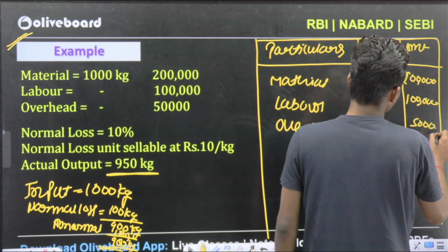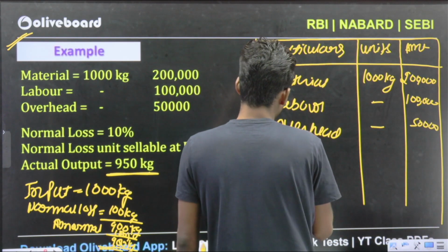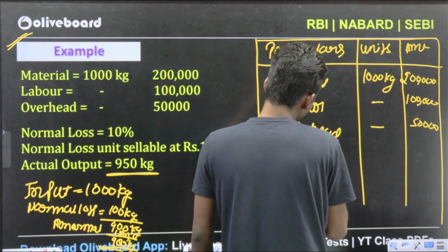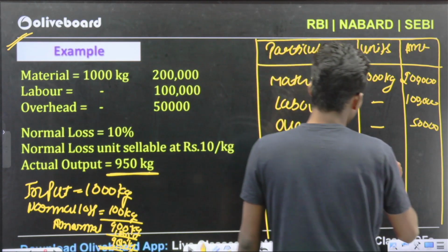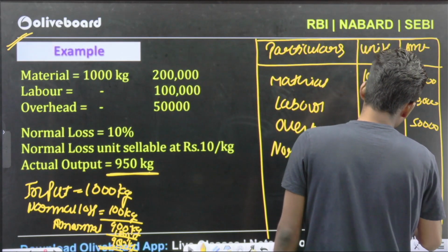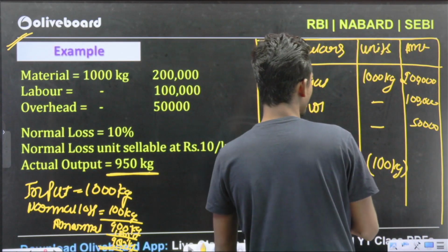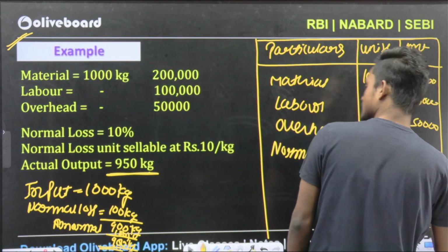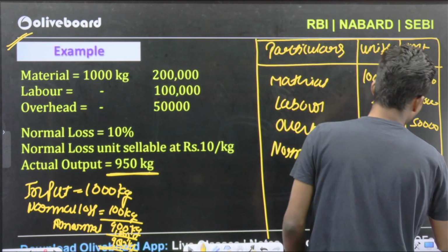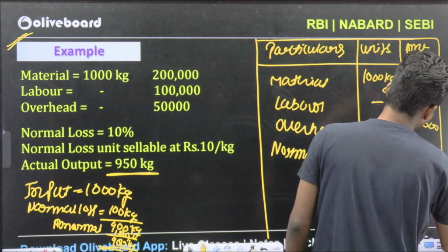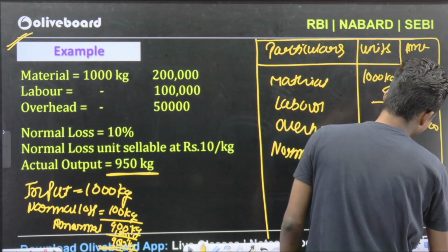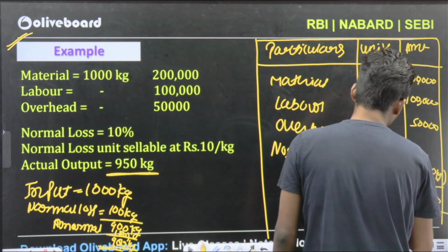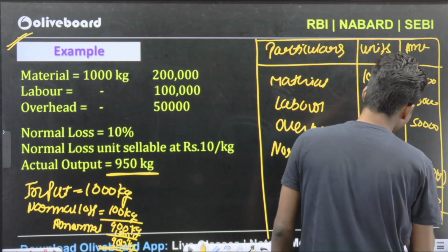I know I have a normal loss of 10%, that is 100 kg of normal loss units, and those units are sellable for 1000 as income received. So at the end I calculate 3,49,000 as my actual cost for producing the 900 kg.